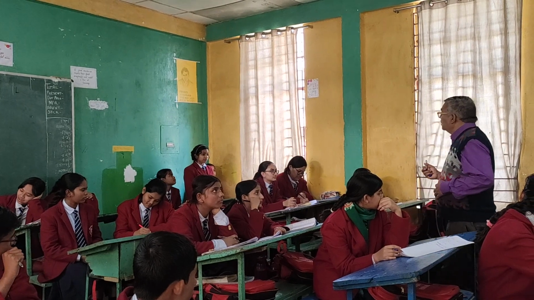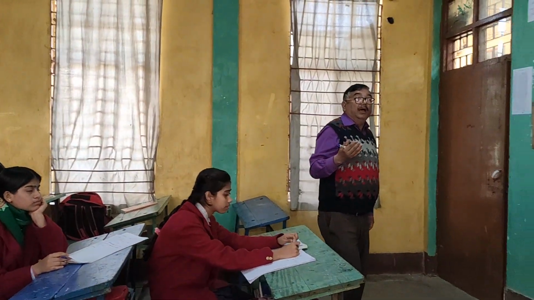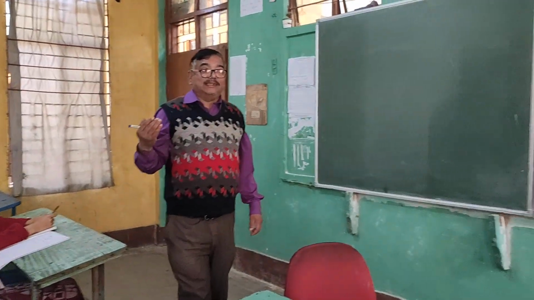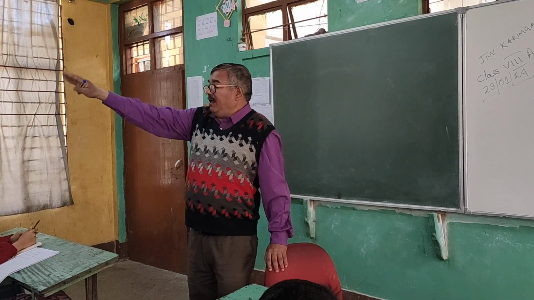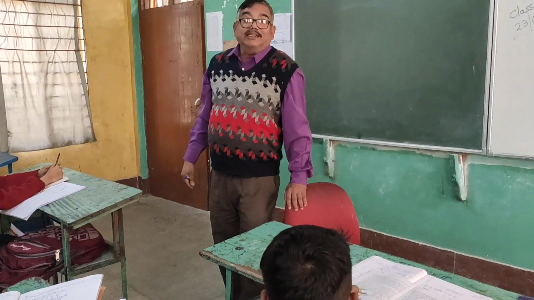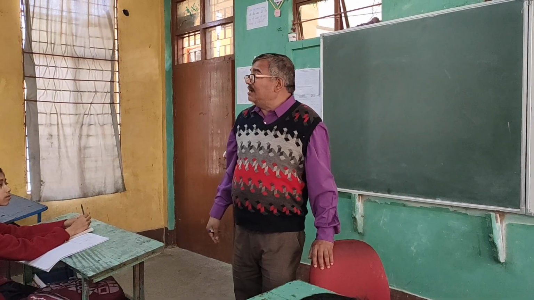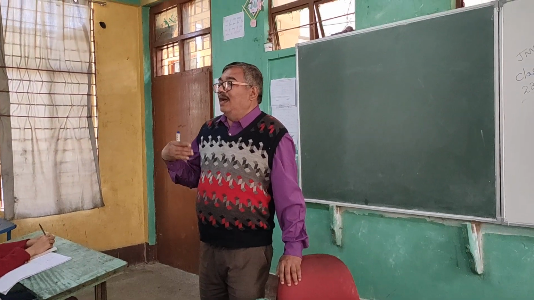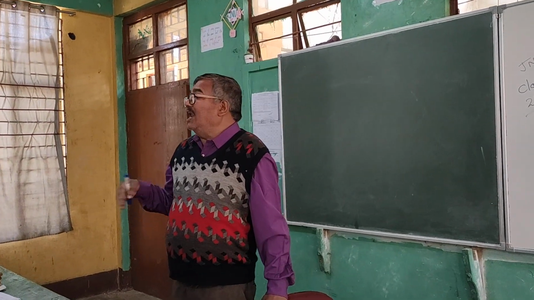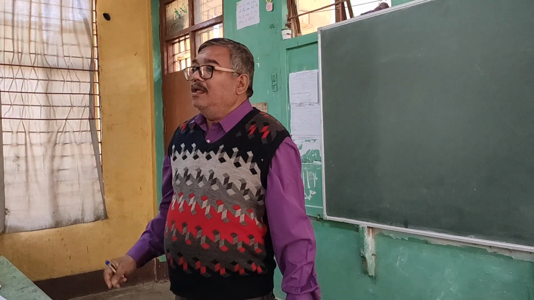Mews. Mews means the sound made by the cat. The sound made by the cat is called mews. The sound made by the dog is called bark. Okay? A dog barks, a cat mews, the bell rang, or birds fly.